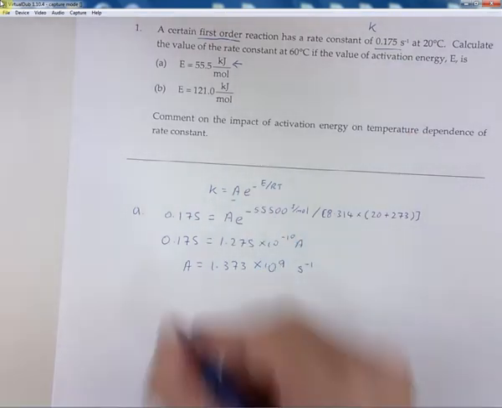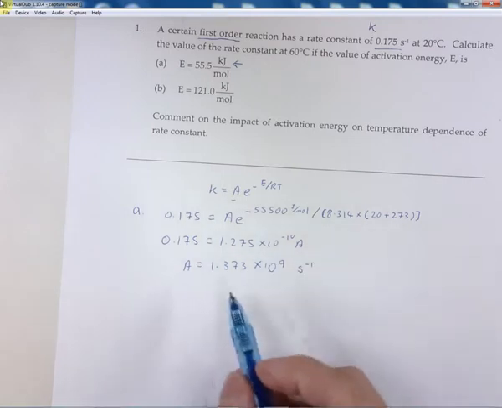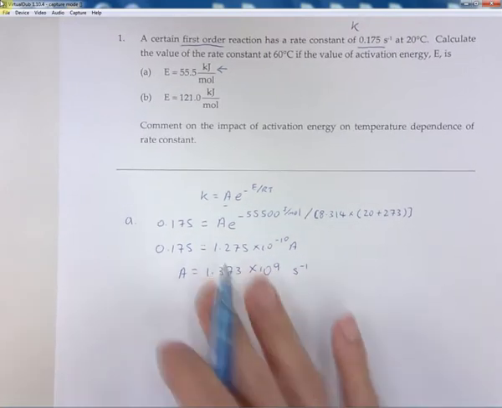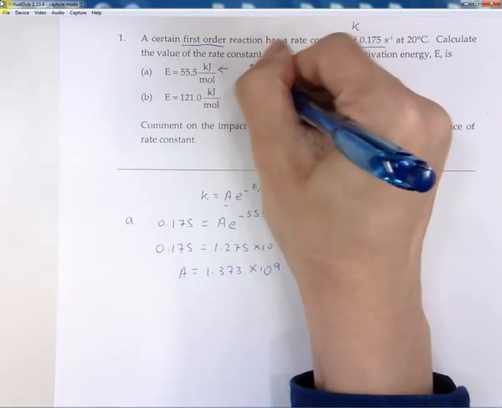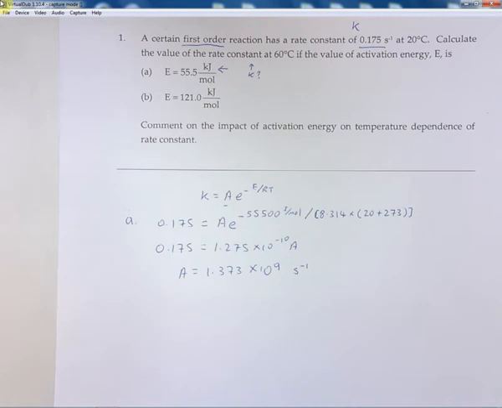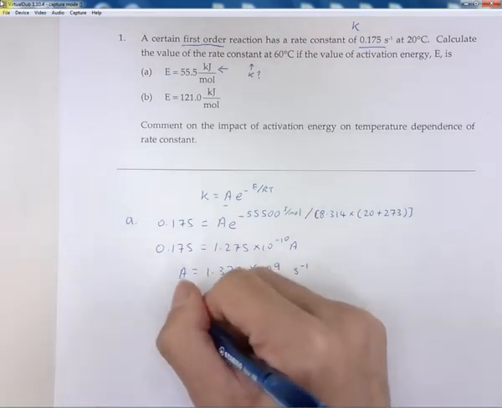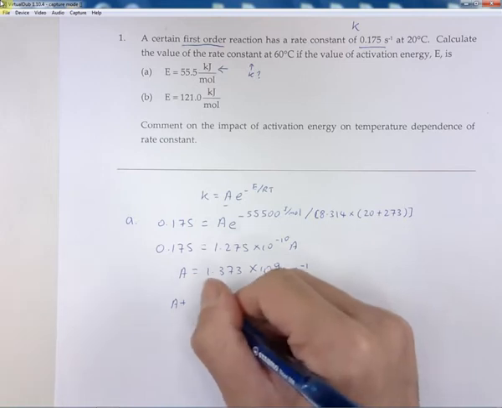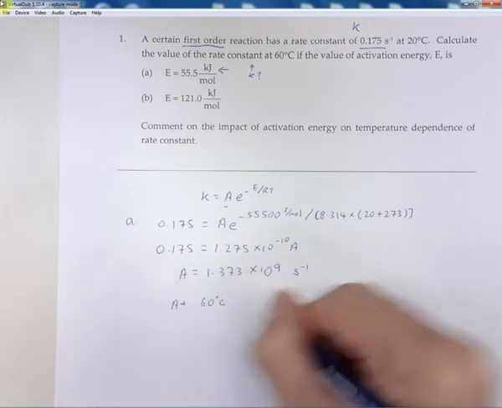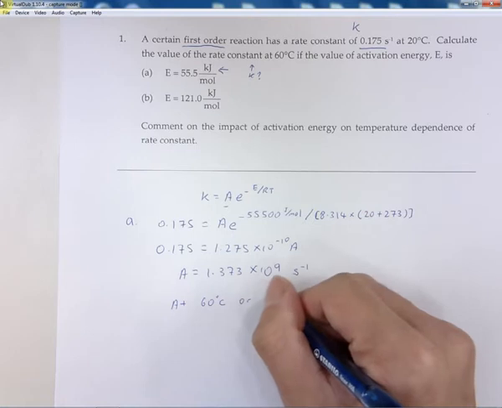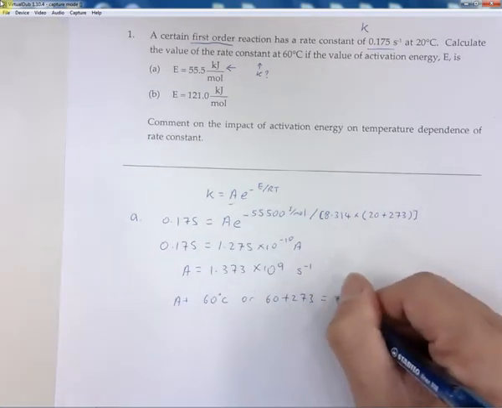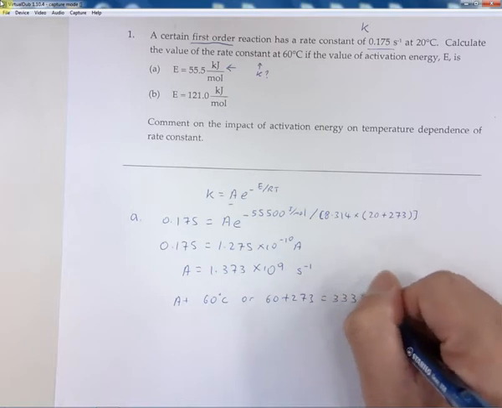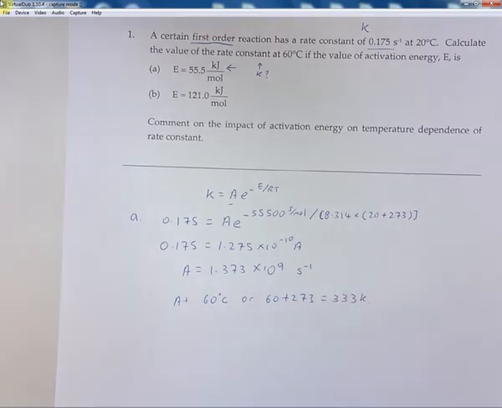With this A, we can use it to solve for the value of the rate constant K at the other temperature of 60 degrees Celsius, or 60 plus 273, which is 333 Kelvin absolute temperature.